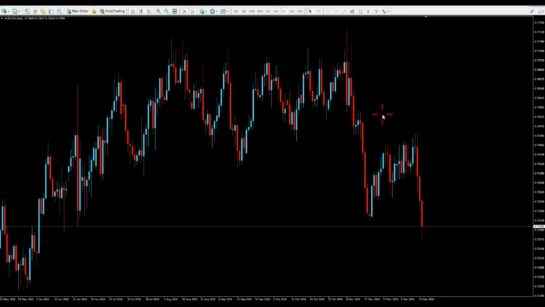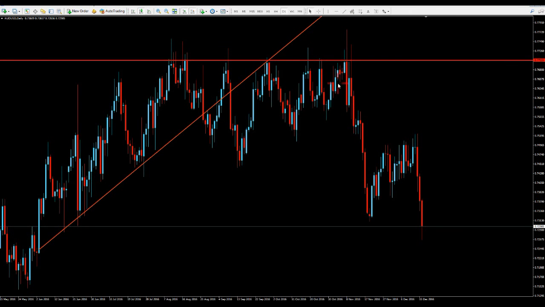Of course, after that you can also learn how to draw different patterns, like multiple tools that we have on MetaTrader. The simplest ones like drawing trend lines or placing support resistance lines, recognizing patterns, and you can also use indicators. Of course, they are also part of charting and analyzing skills.